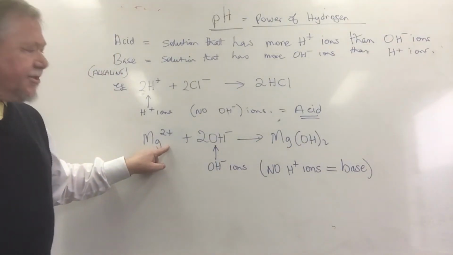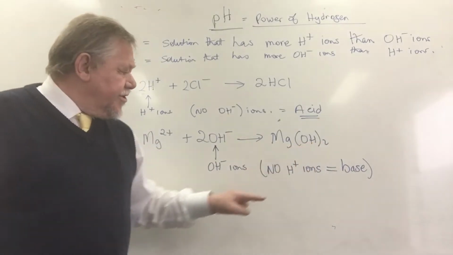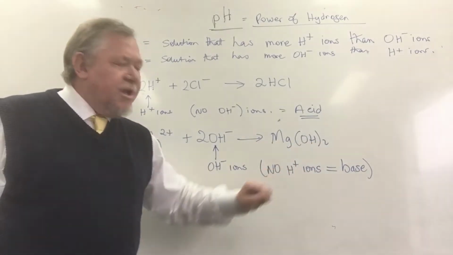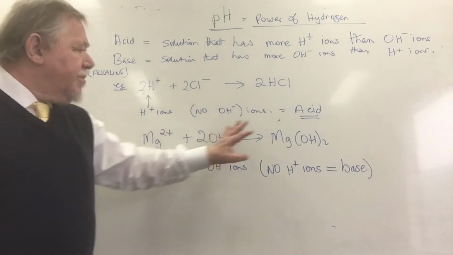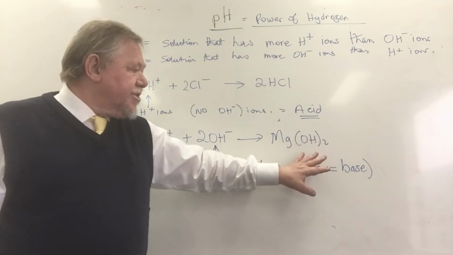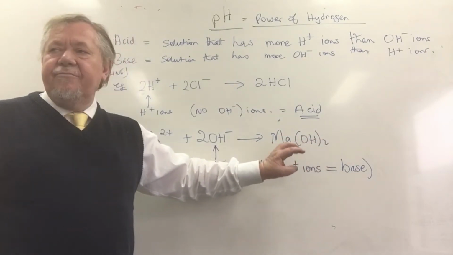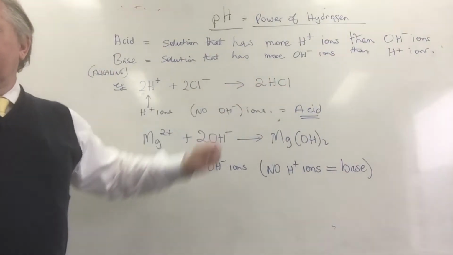Magnesium 2 plus, we've got 2 OH minus ions. You notice there's no H plus ions. It's the excess of OH minus ions that makes this a base. It's the excess of H plus ions that makes that an acid.